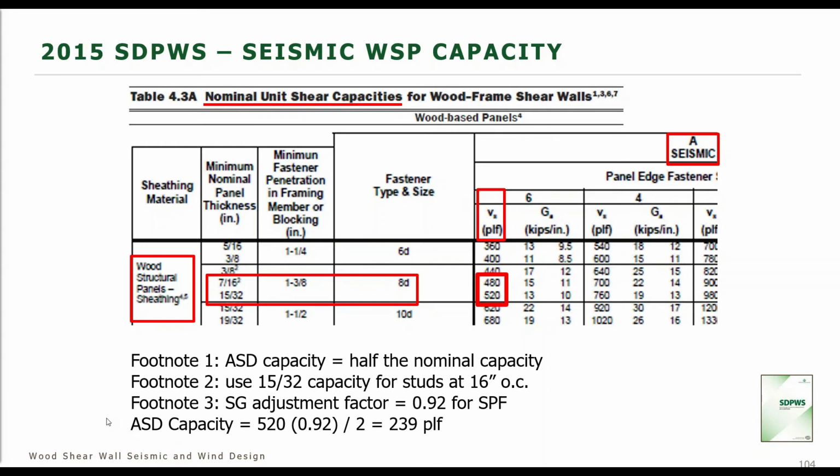Then we've got to adjust based on the specific gravity, because the tables are based on southern pine or Douglas fir, and we have spruce pine fir, so we get a little bit of reduction, 8% reduction in our capacity. Not a lot, but just a little. We still got to adjust for that. So we go 520 pounds per linear foot times 0.92 and divide by 2 to get an allowable stress design, and we're at 239 pounds per linear foot.